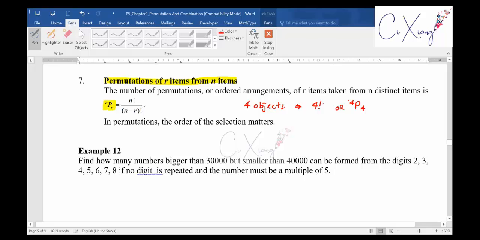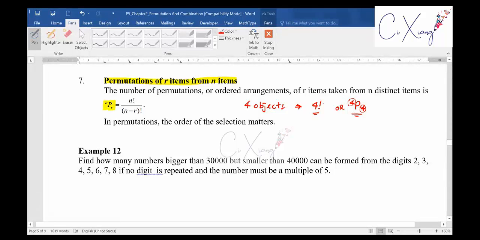That means you originally have 4 objects, and you want to arrange 4 of them. So 4 factorial and 4P4 are the same. Some of you maybe will say, last time I didn't learn 4 factorial, I learned 4P4. But actually, they have the same meaning. For me personally, I always use the factorial if I can, unless you have more objects and I want to arrange less than that number of objects.